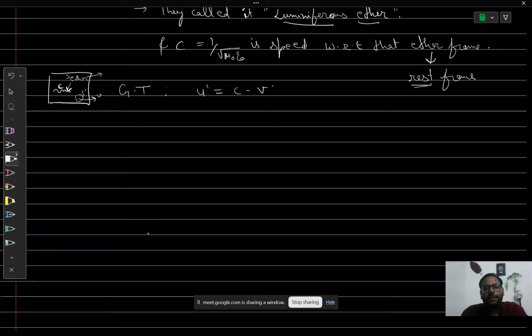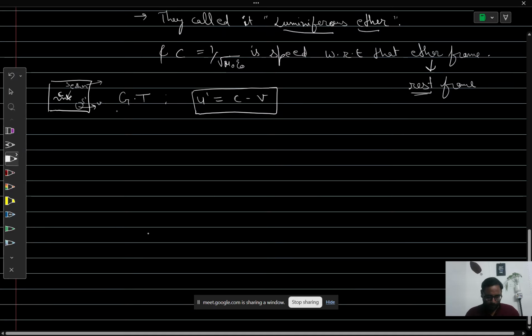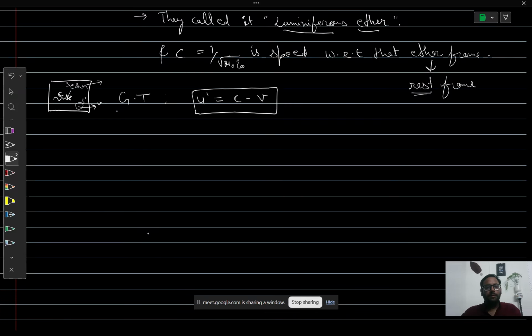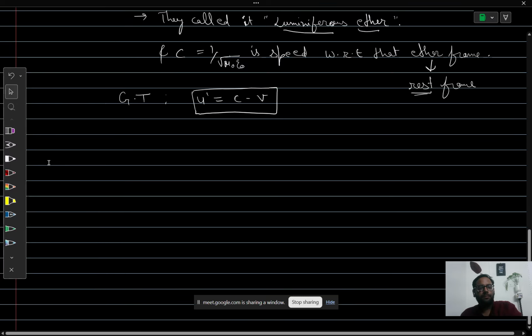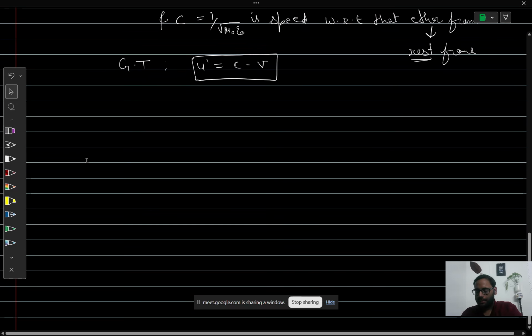It will be c minus v, of course, right? According to Galilean transformation, the speed of light should change. So let's draw it neatly and try to see what the Michelson-Morley experiment actually was.